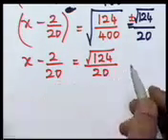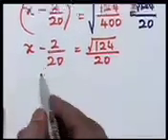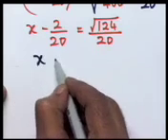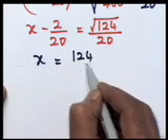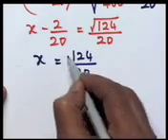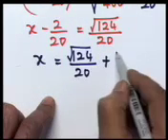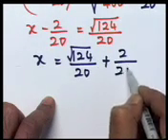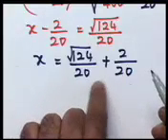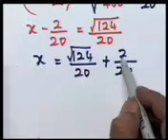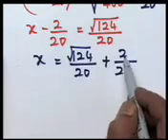So I transfer this to the right hand side, which will be x equals root 124 divided by 20, under the root the top number only. The minus fraction will become a plus, so it will be 2 over 20. That's the reason I said denominators are the same, so it's easy to solve your question.